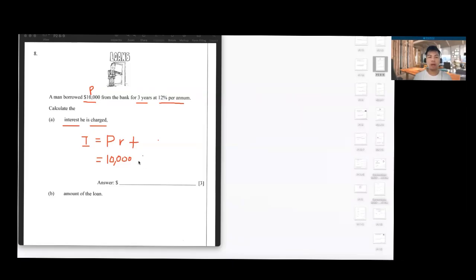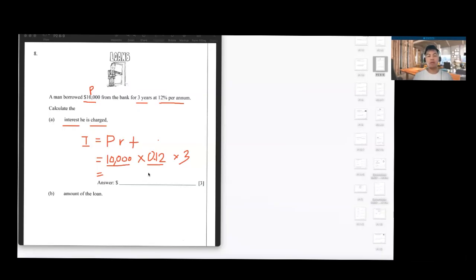So you will multiply that by 12%, in decimal is 0.12. Can anyone compute this? Then times 3 years, times time, okay? So how do we solve this mentally? Well, first I would multiply 10,000 by 0.12. So what would be the answer?